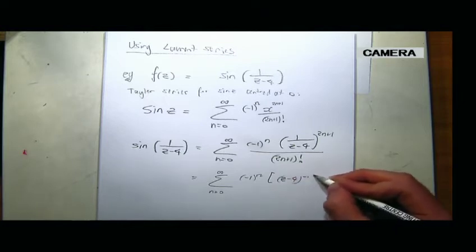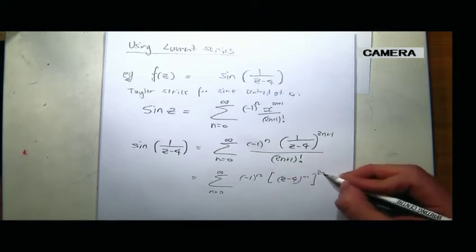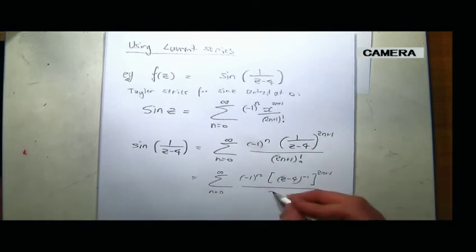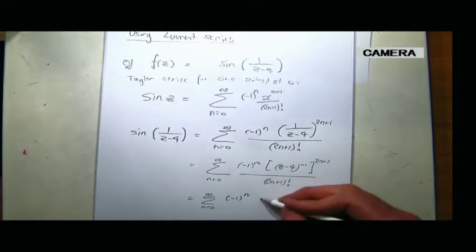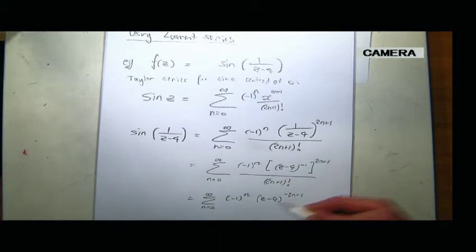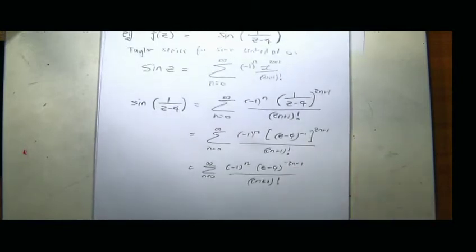So that z minus 4 is z minus 4 to the minus 1. And then, I guess, that's pretty much it, right? Great.